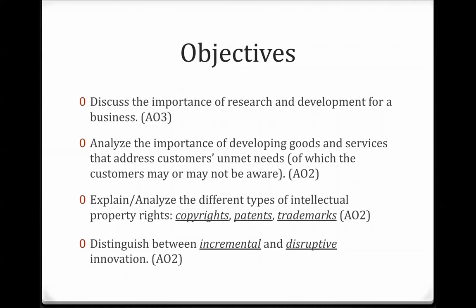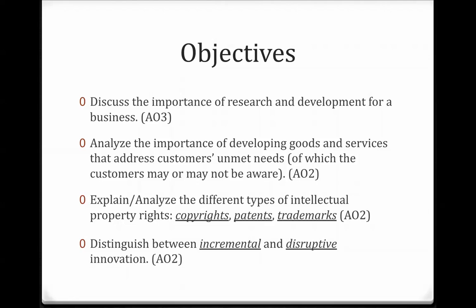Then we are going to look at, to the AO2 level, different types of intellectual property rights. These are copyrights, patents, and trademarks. This will connect back to our higher level balance sheet information when we start to look at intangible fixed assets as non-current assets.